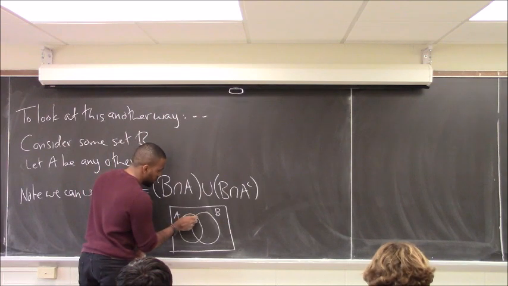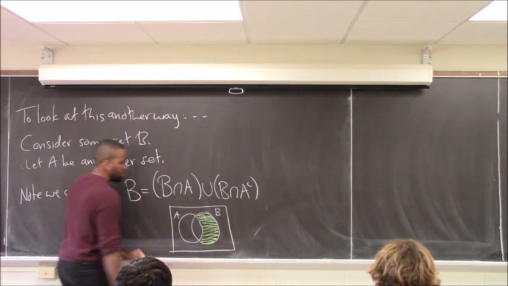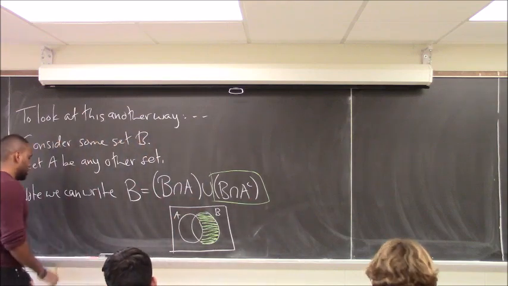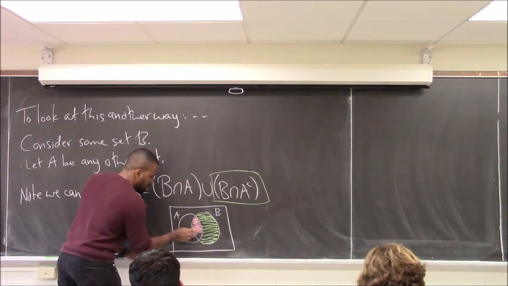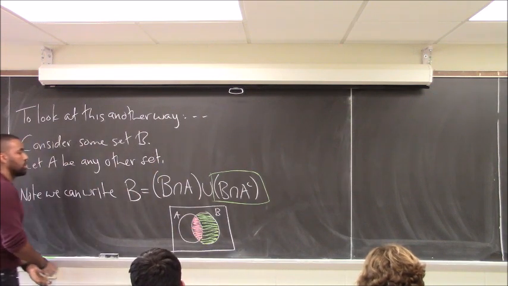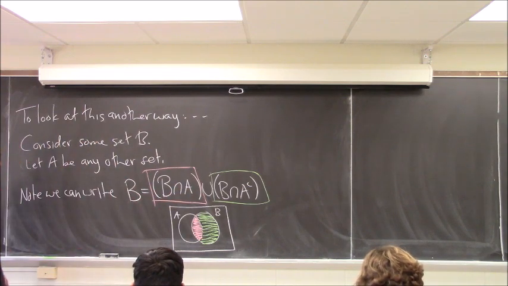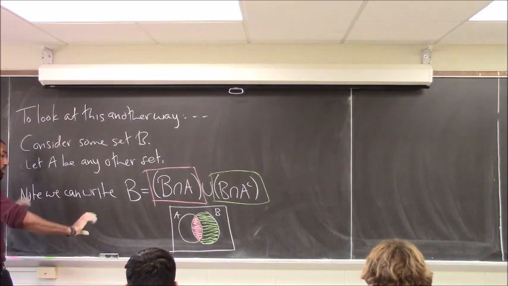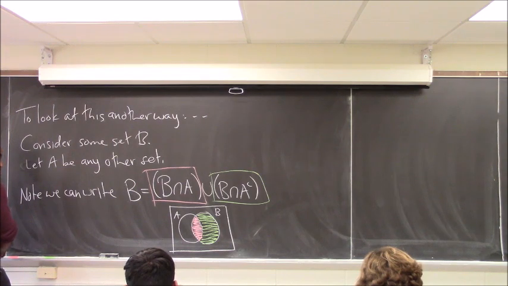There's the part of B that is not intersecting with A. So that's this guy. And then there's a part of B that is intersecting with A. So there are parts of B that are both in the A and the B circle. That's this guy. Notice that if I take the union of those two colors, I get the set B. This is going to always be true. Even if they were disjoint, this would still be true. That's something that's true in general, so you should know that we can do that.